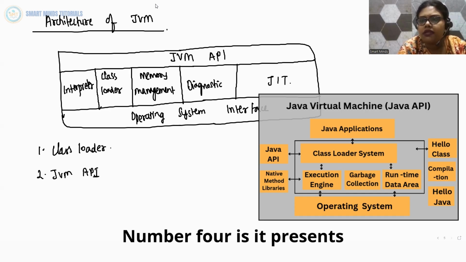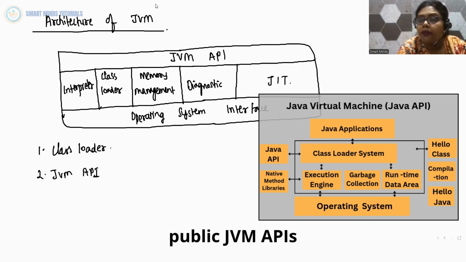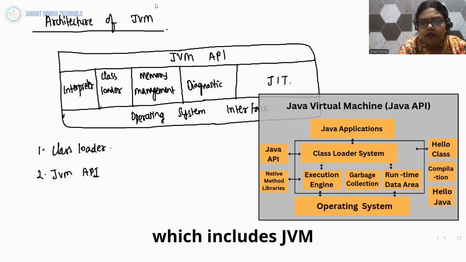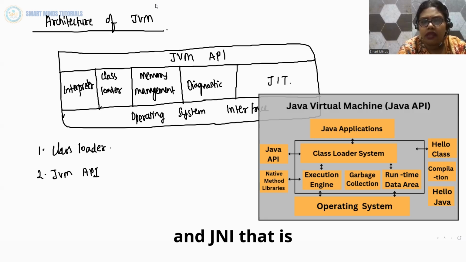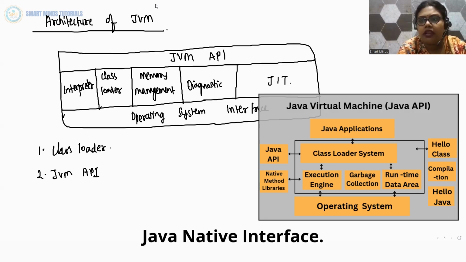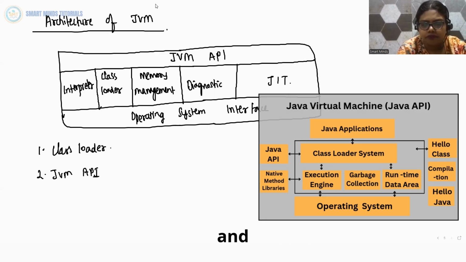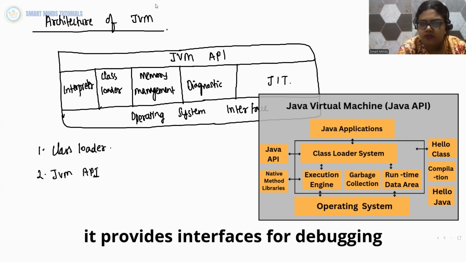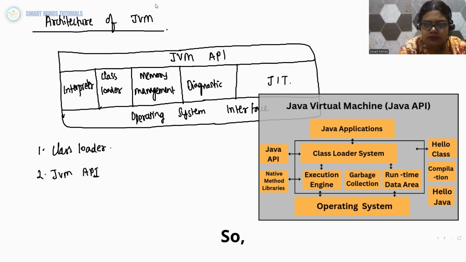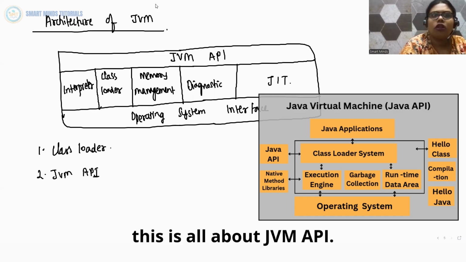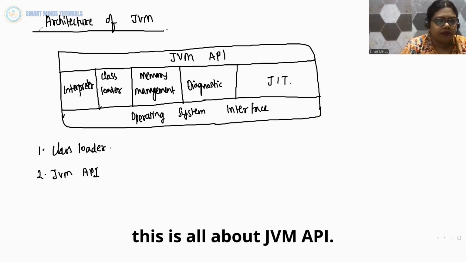Number four is it presents public JVM APIs, which include JVM-TI, that is tool interface, and JNI, that is Java native interface. And it provides interfaces for debugging and monitoring the JVM tools. So this is all about JVM API.